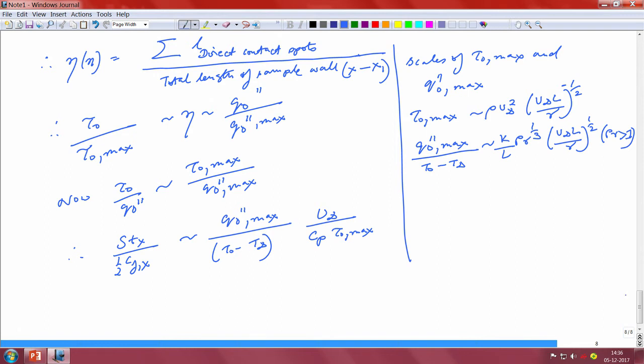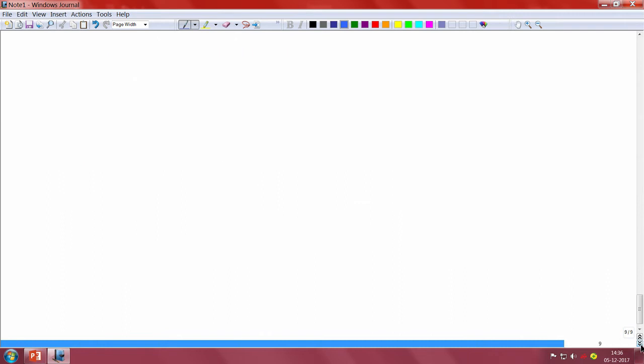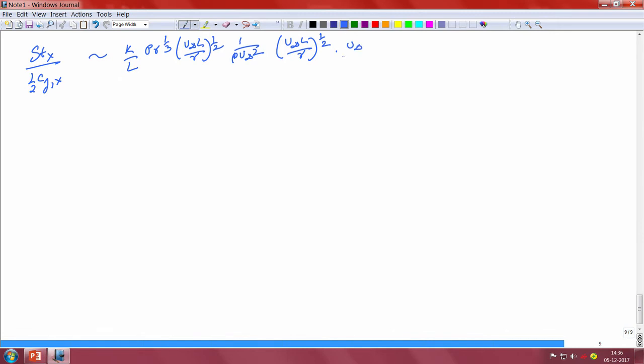So, Stanton number x to half Cfx is therefore equal to k by L, Prandtl number 1/3, u infinity L by gamma raised to the power of half, divided by rho u infinity square, L by gamma raised to the power of half, multiplied by u infinity into T naught minus T infinity, into 1 by Cp.